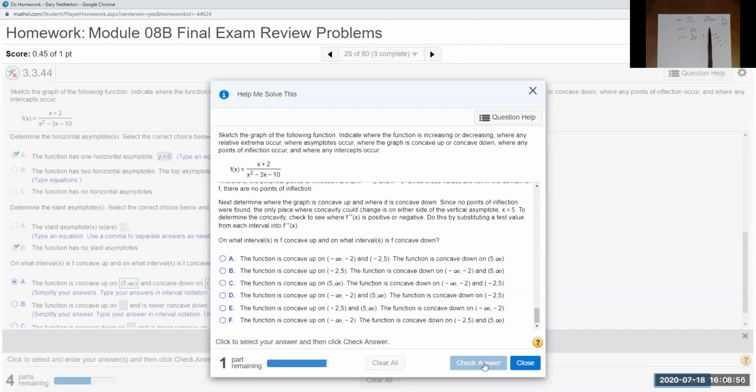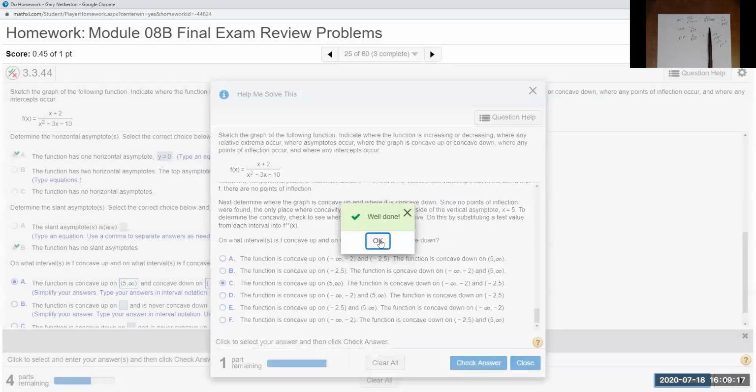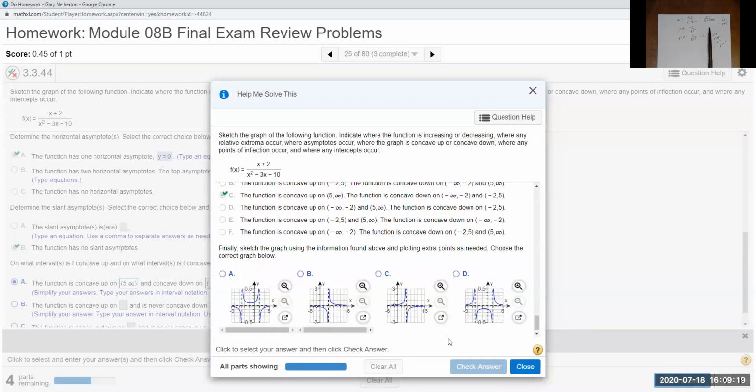That's what I did, and I said concave down, and concave up from 5 to infinity. So I look at this graph.